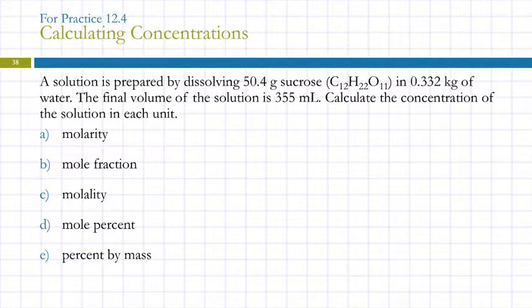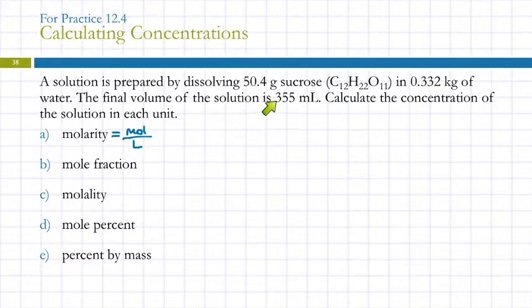Well, let's start at the top. Molarity. You have to know what these words mean in order to be able to calculate them. So molarity equals what? Moles over liters. Moles of solute divided by liters of solution. Well, we've got the final volume of the solution in milliliters.